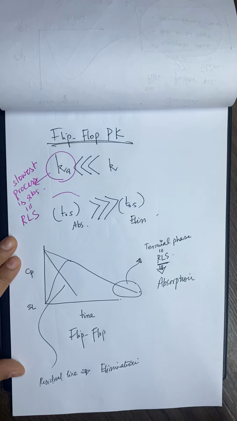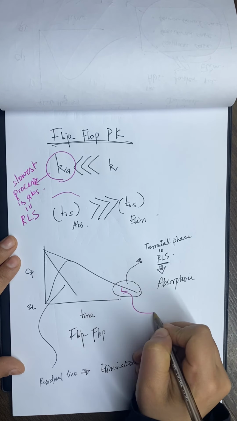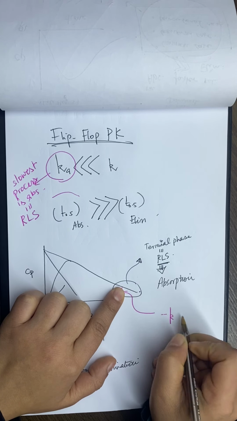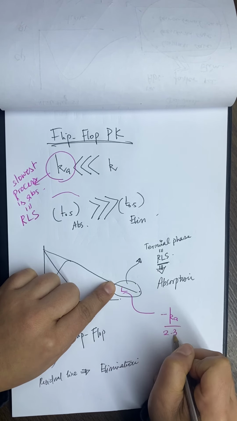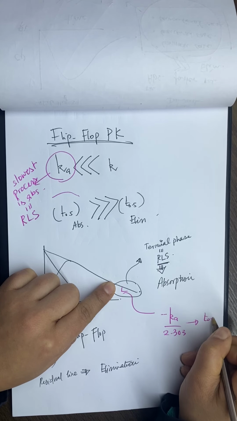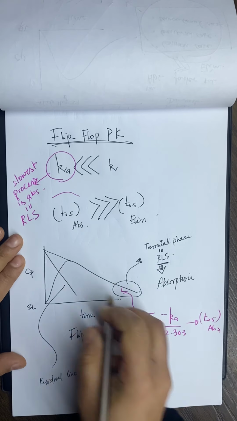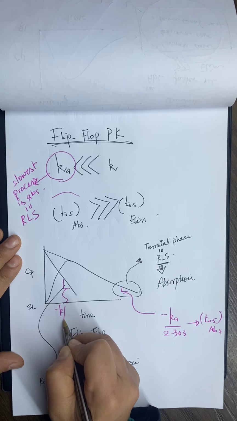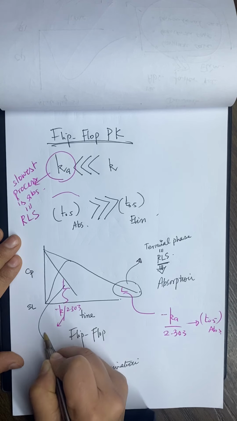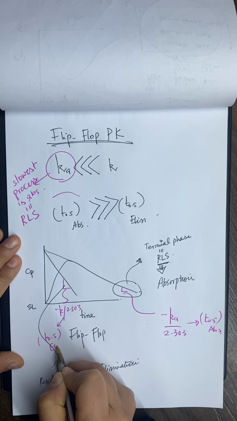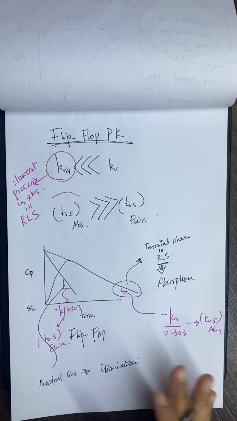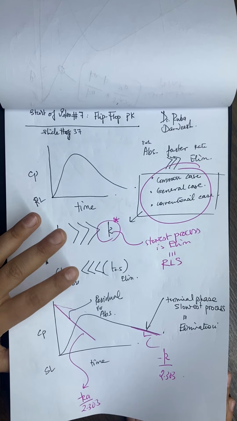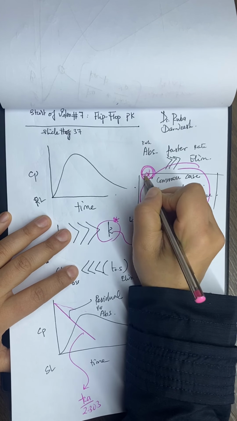Accordingly, if we take the slope of the linear regression of the terminal phase, it will be Ka, and I can determine the half-life of absorption from it. From the residual slope, I can determine minus K over 2.303, and I can determine the half-life of elimination from it, which means it will be the opposite of whatever you know as constant from the general case. It will be the opposite.